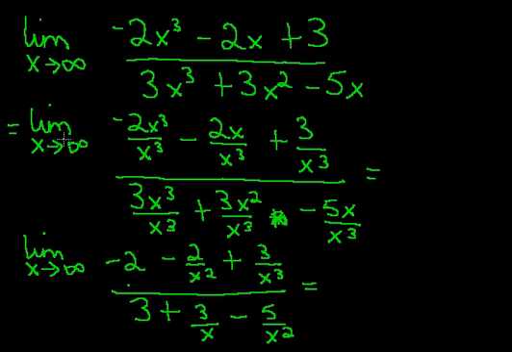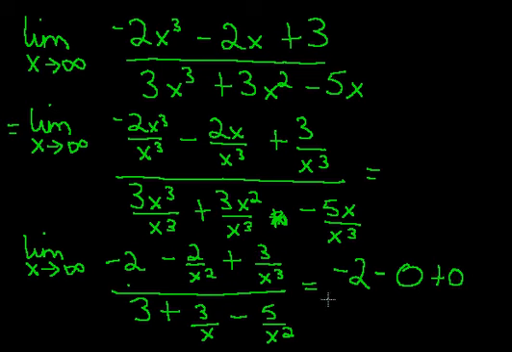And now we can do the same thing again, the rule that was written up here a second ago. Negative 2 still stays the same, because there's no x here, so it doesn't matter what the limit tends to, it'll just remain negative 2. We know that anything over x to any power tends to 0, so that'll be minus 0.